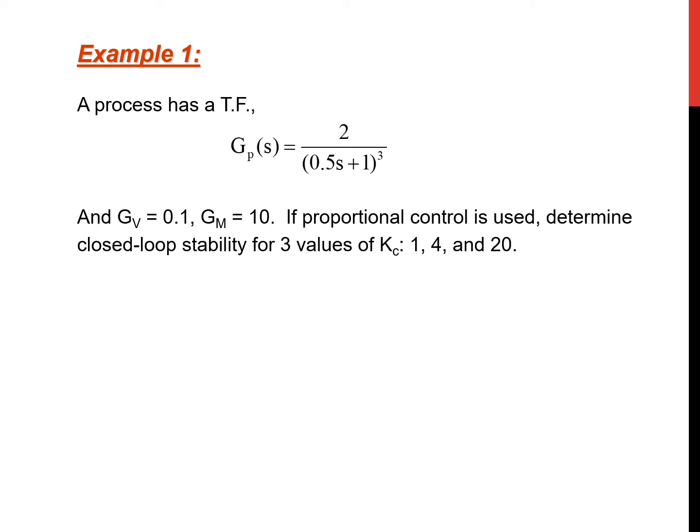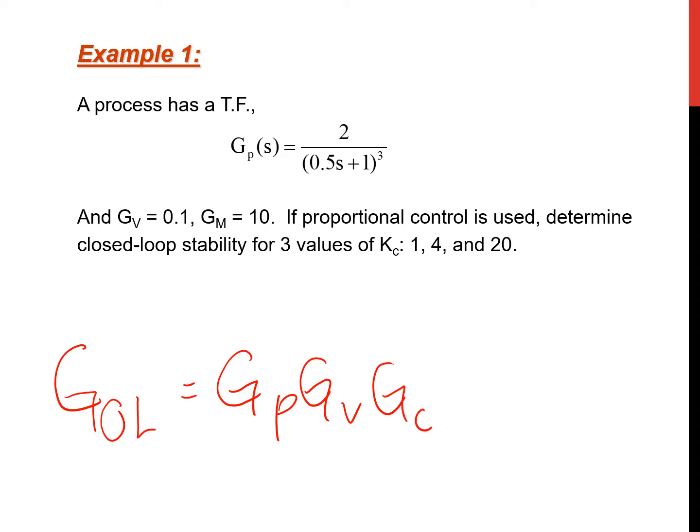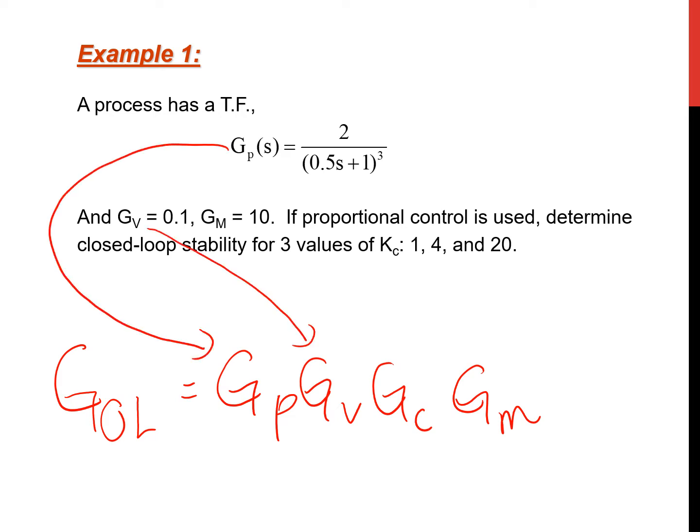Let's recall the Bode stability criterion: you need to consider GOL equal to GP, GV, GC, GM. Here the GP and the GV are given. GM is also given. And if a proportional controller is used, that means your GC equals Kc.